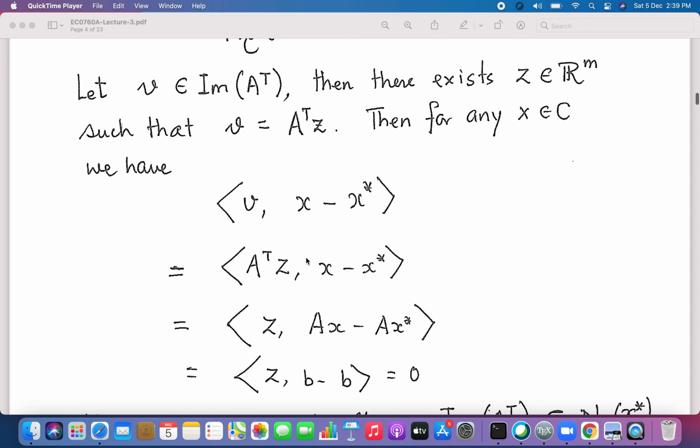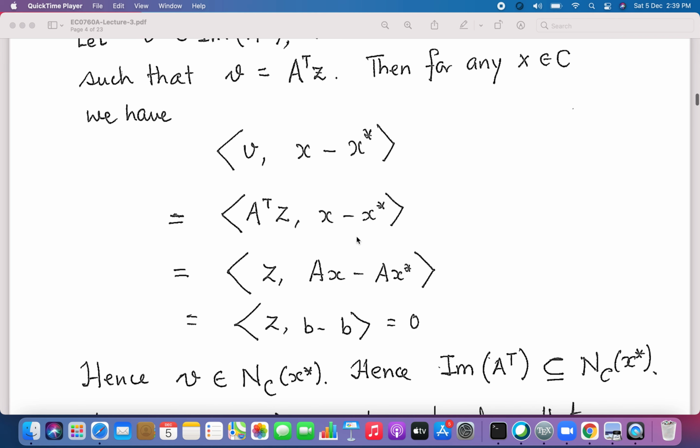So I write v equal to A transpose z, because v is in the image of A transpose, and take the inner product with x minus x star. Now, by simple facts of matrices, or simple facts of life, I would say for optimizers, this is nothing but the inner product of z with A(x minus x star).